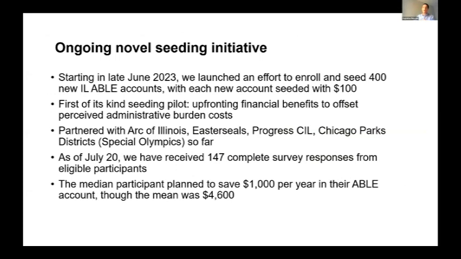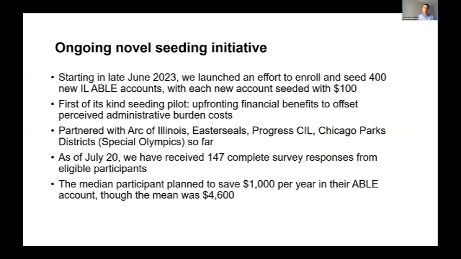So lastly, what we have been doing since about June this year, we launched an effort, thanks to the IDRC support, to enroll and seed 400 new Illinois ABLE accounts. And what we do, we work with organizations that are active in the disability policy space in Illinois.